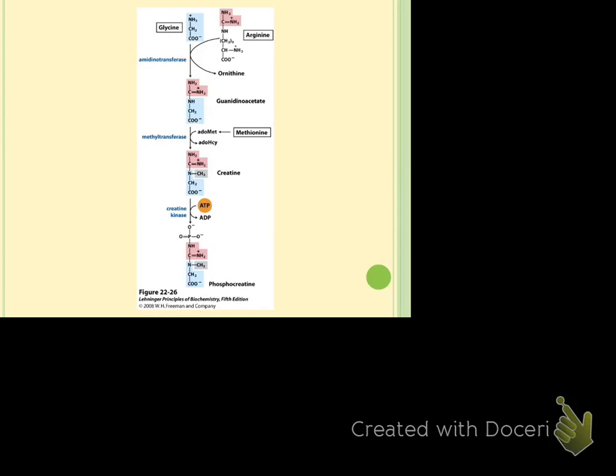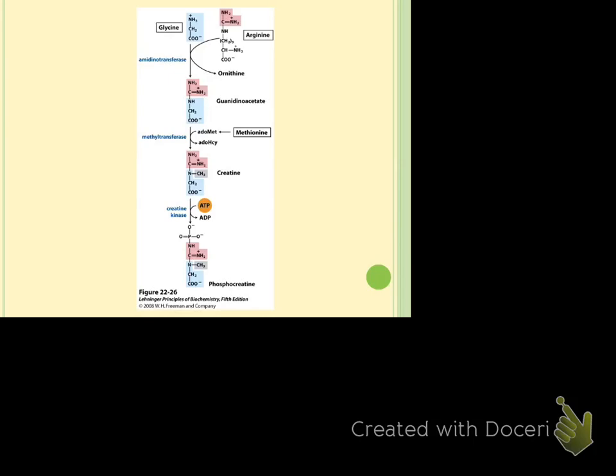We've already seen that with the way that the citric acid cycle is directly linked to the electron transport chain, because succinate dehydrogenase is complex 2. We've also seen how the citric acid cycle is directly tied to gluconeogenesis since they have oxaloacetate as an intermediate. This is similar to that.